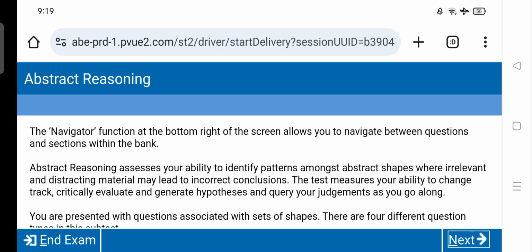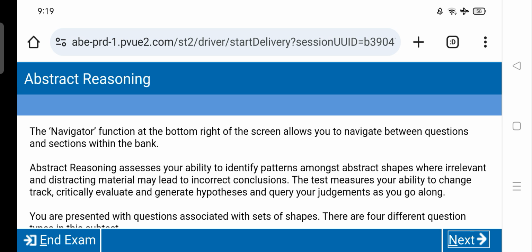Abstract reasoning assesses your ability to identify patterns amongst abstract shapes where irrelevant and distracting material may lead to incorrect conclusions.